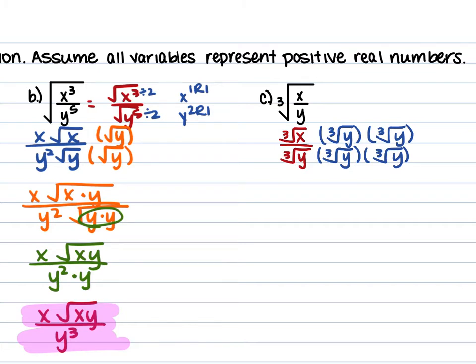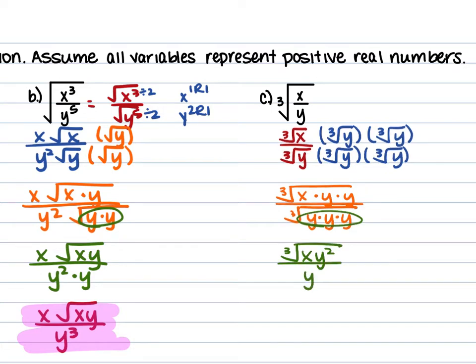This is going to leave us with the cube root of x times y all over the cube root of y times itself 3 times. We group up sets of 3 since our index is 3. So this is leaving us with the cube root of x y squared over y.